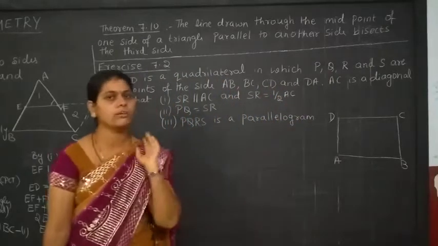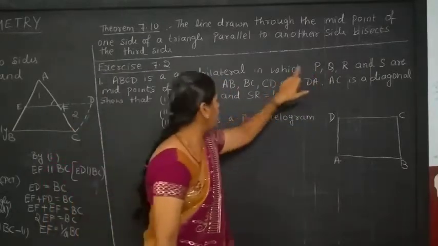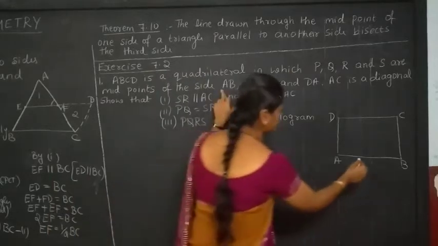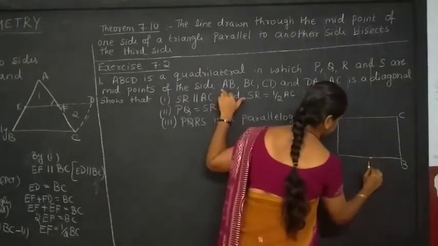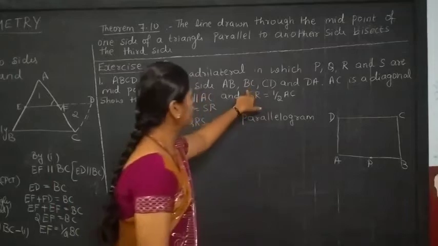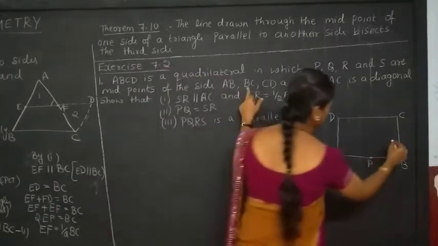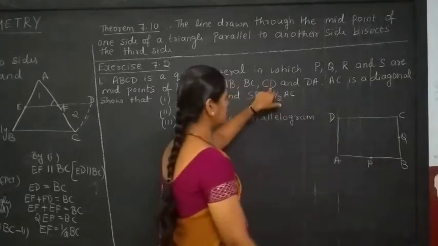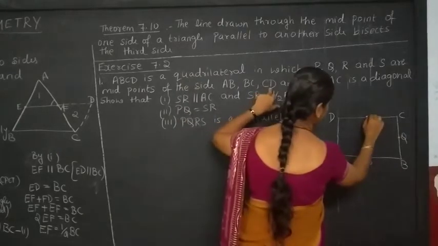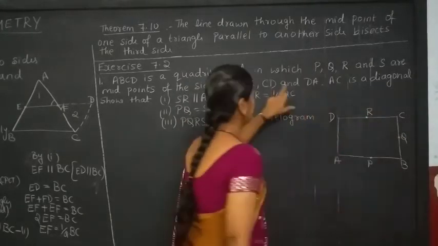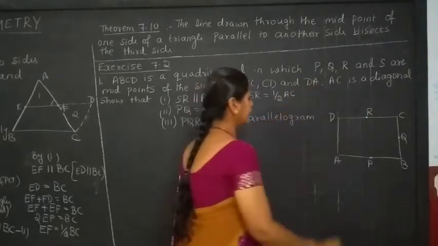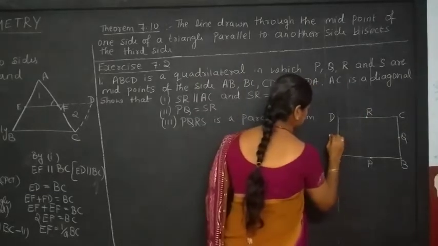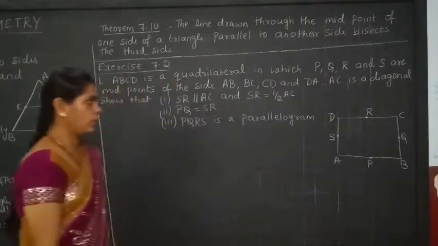In that order only you have to mark. P is on AB, midpoint, that is P. Then Q is on BC, R is on CD, and S is on DA. You have to mark the midpoints.